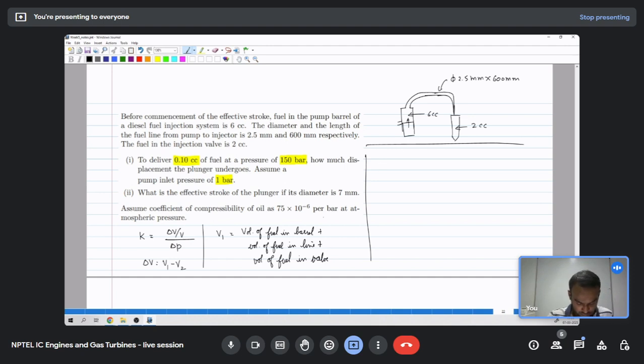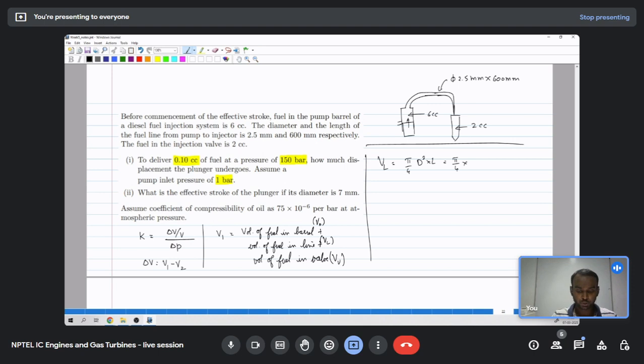So I would say this is VB, this is VL, and this is VV. So VL is pi by 4 d square into L, that is pi by 4 into, it's better to have everything in terms of cc.